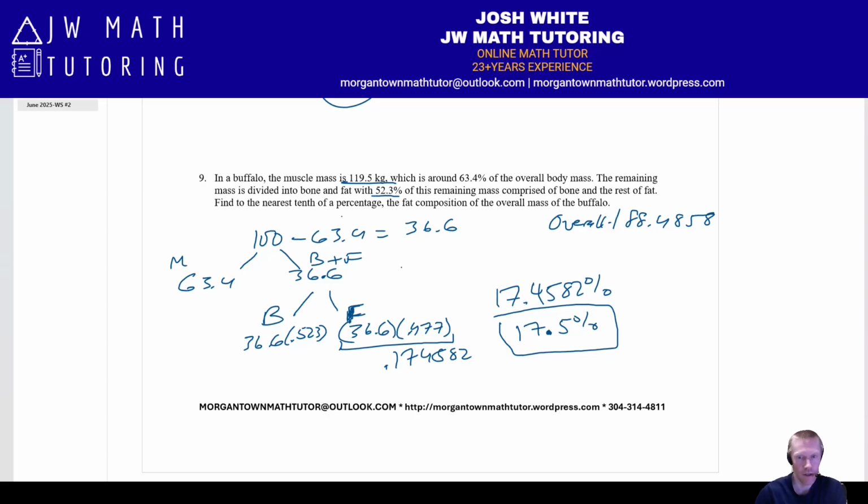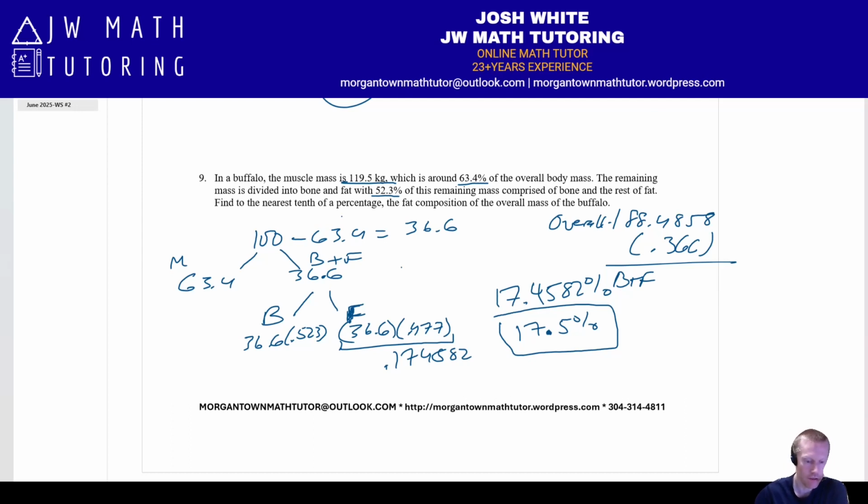What I did is I said, okay, I take 36.6% of this, because 63.4% is muscle. That means 36.6% is bone and fat. So I took this times 0.366. That gave me the total mass for just bone and fat.